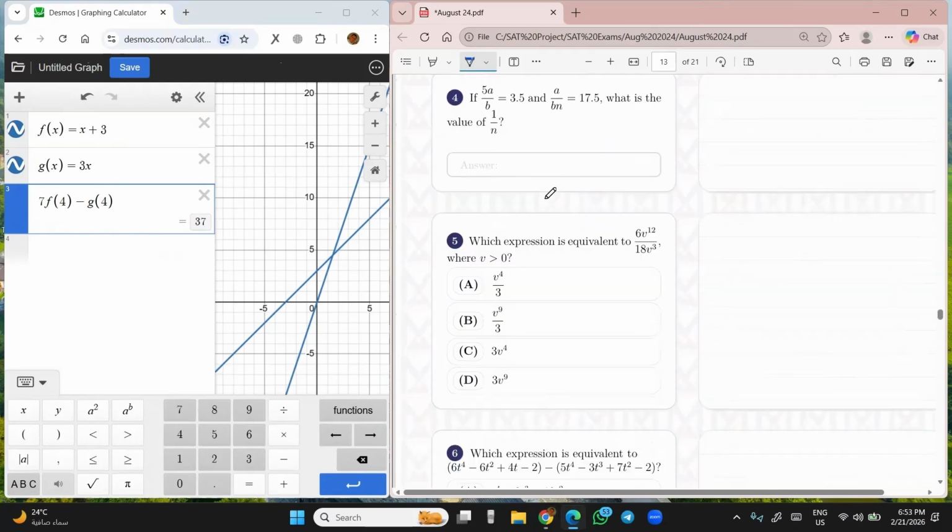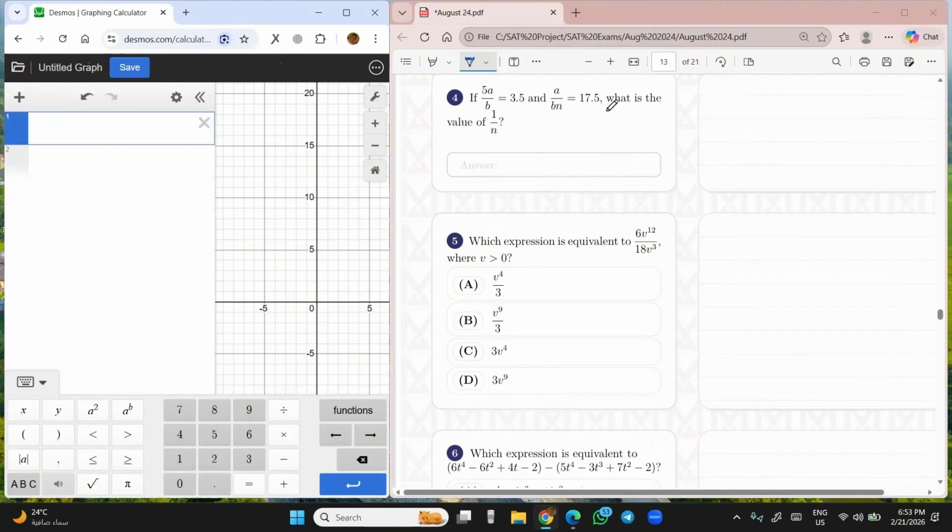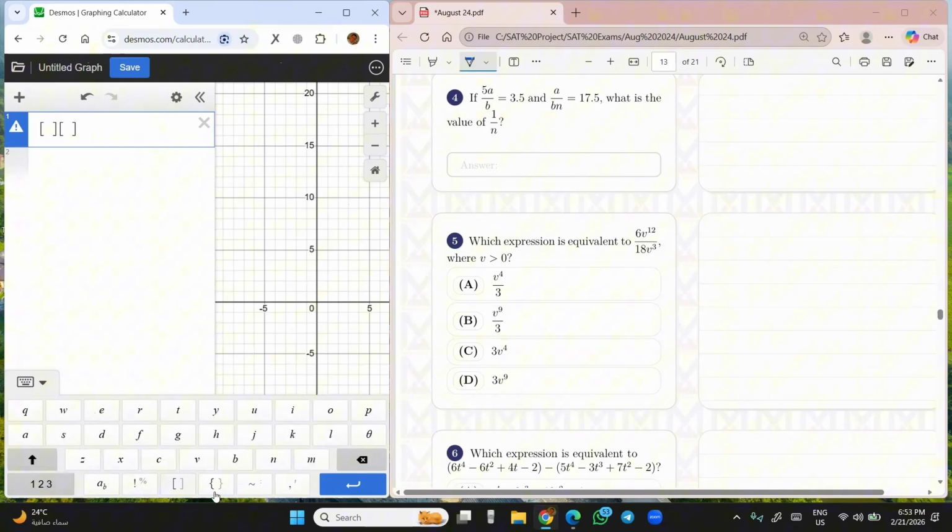Question number 4. If 5a over b is equal to 3.5, and a over bn is equal to 17.5, what is the value of 1 over n? As long as we have two sentences and then one expression needed to be written at the end, we can consider writing the square brackets like this, or the lists of values, and we write this tilde sign between them. Starting from the left side, we write 5a over b, and then we go to the right and write the value of this, which is equal to 3.5.